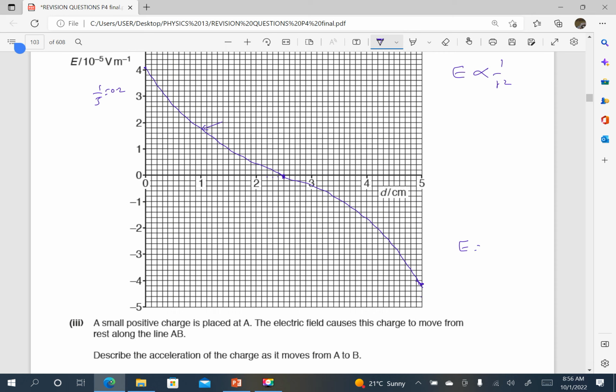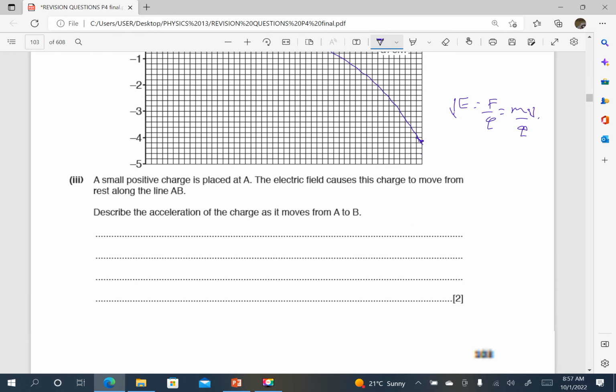Note that E is force per unit charge, which is MA over charge. So E is decreasing, acceleration is decreasing from A to the midpoint. Then after, E is increasing but in the opposite direction, so it means the acceleration increases in the opposite direction.